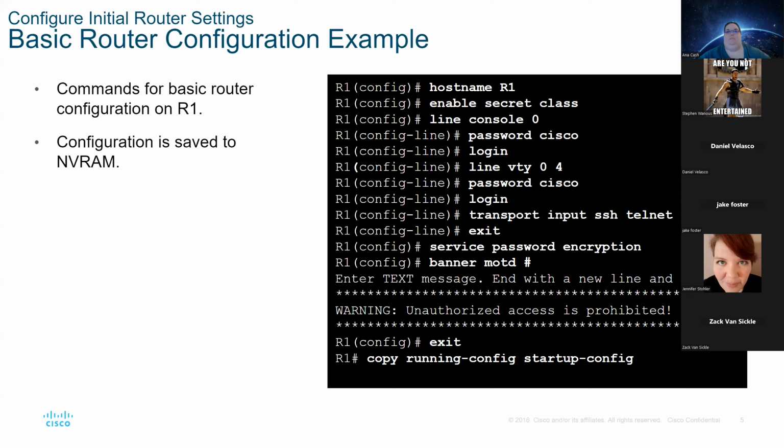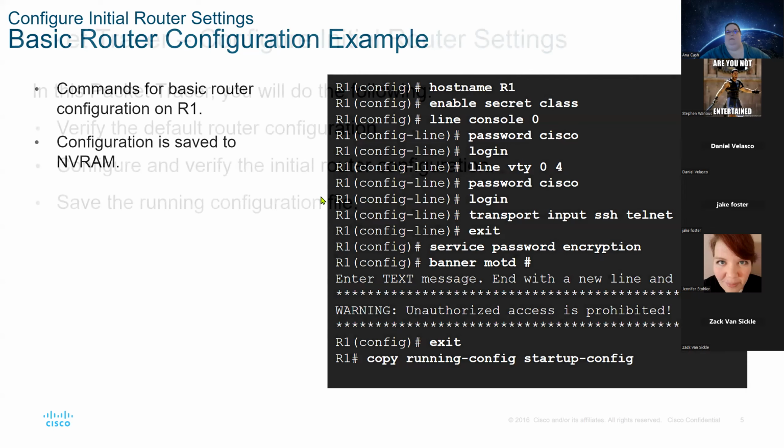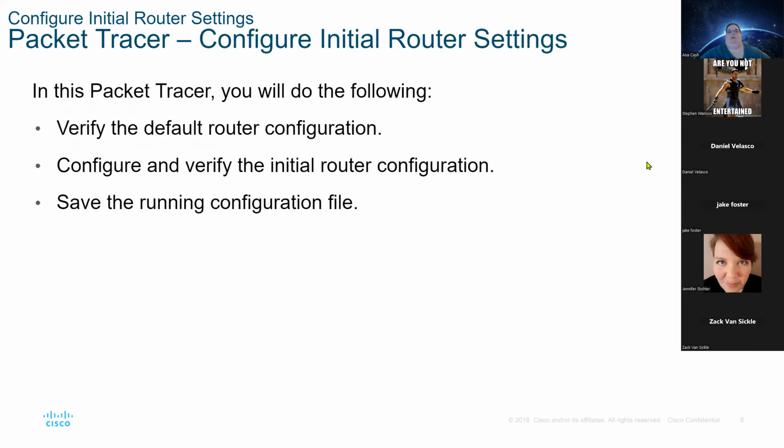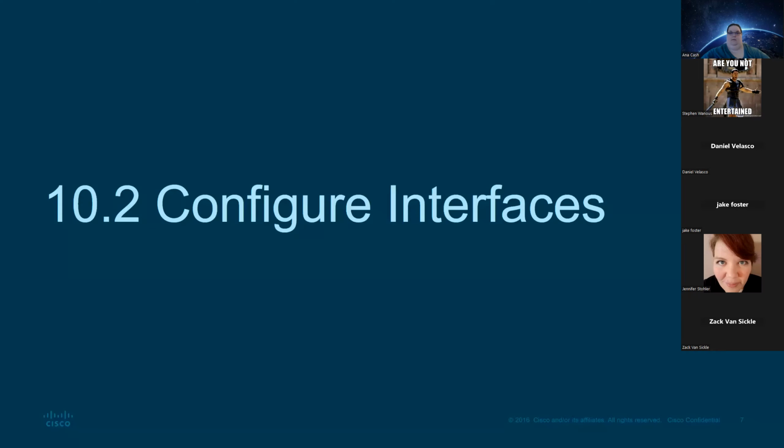Okay. Here's some other ones for basic router on R1, and then configuration is saved to NVRAM. And you can see on the bottom here, copy running-config startup-config.